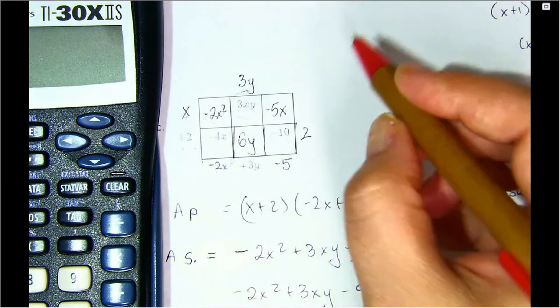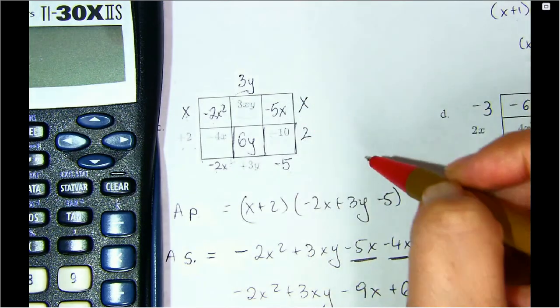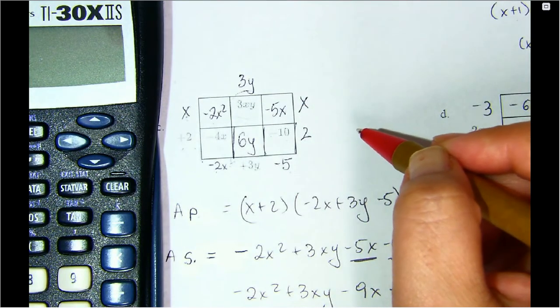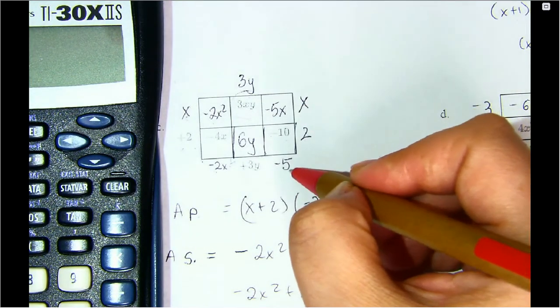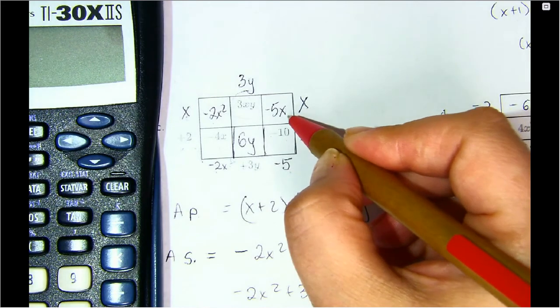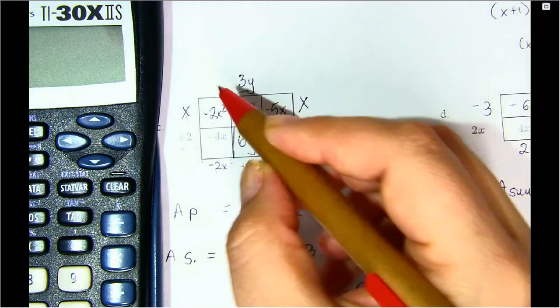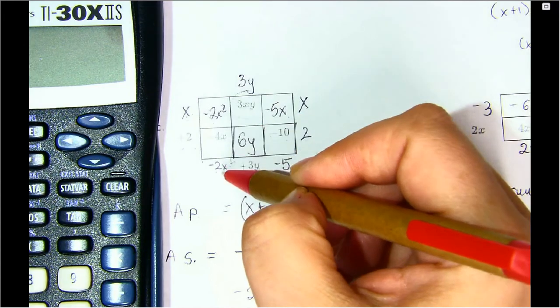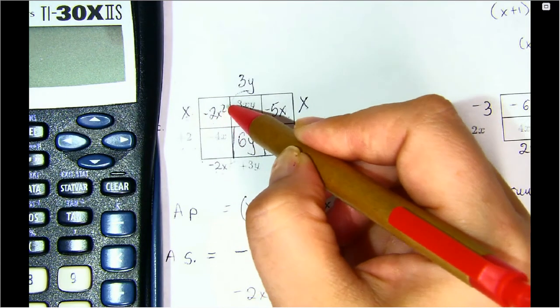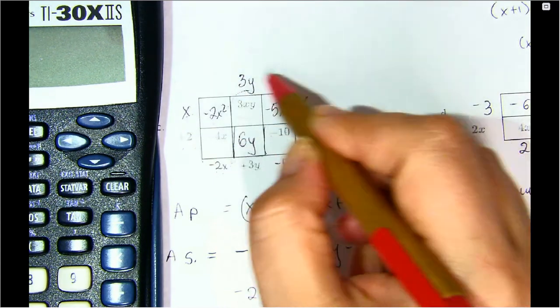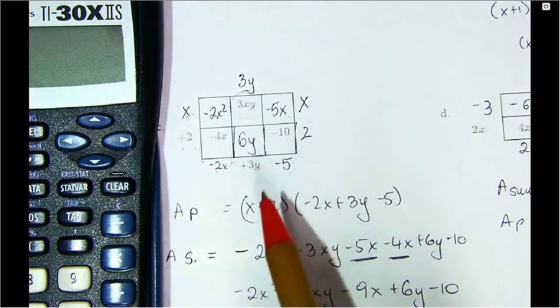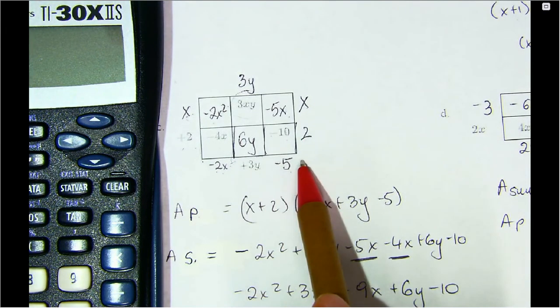So that's why I put the side of this as x, and it also goes here. Knowing that opened a lot of things for me, because then I could do negative 5 times x is negative 5x. And also this time, x times negative 2 is negative 2x squared. So I have filled all my areas inside, and I know all my length.